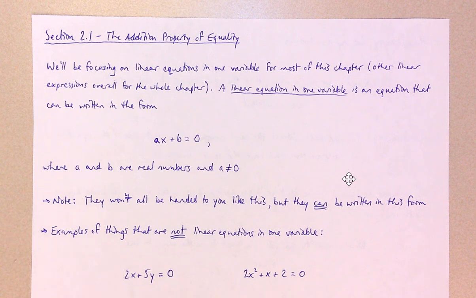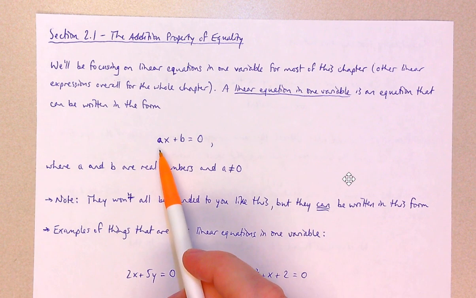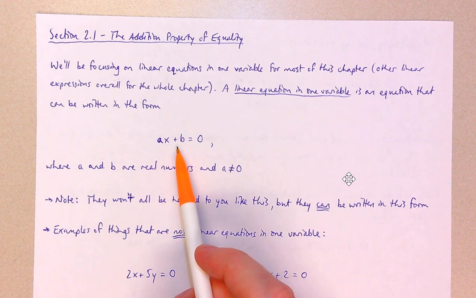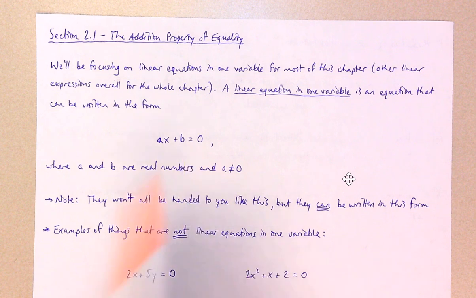As we get later on in other chapters as well, we'll be talking about other types of linear equations, but for this particular chapter, linear equations in one variable. And what is a linear equation in one variable? A linear equation in one variable is an equation that can be written in the form some number a times x plus some other number b is equal to 0, where a and b are real numbers and a is not equal to 0.